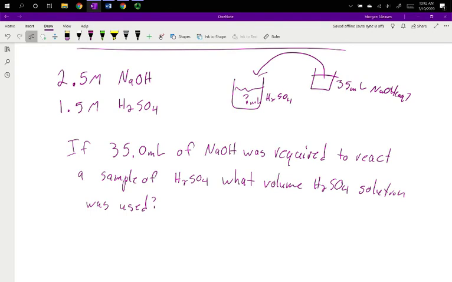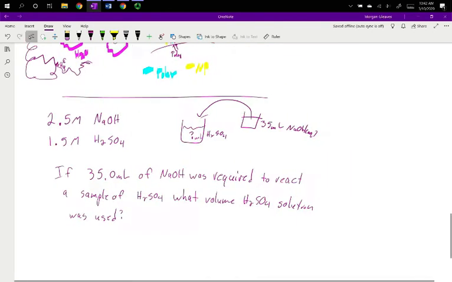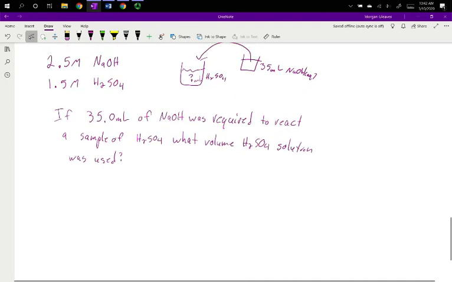Alright, so how are we going to solve this one? Well, I'm adding a volume of the sodium hydroxide. I know the volume and I know the molarity of the sodium hydroxide. Remember, all the concentration and volume does is tell us moles. And I'm doing a reaction. I need moles.